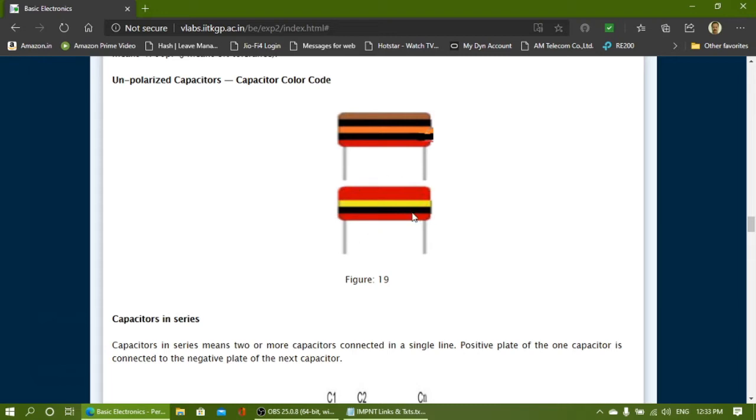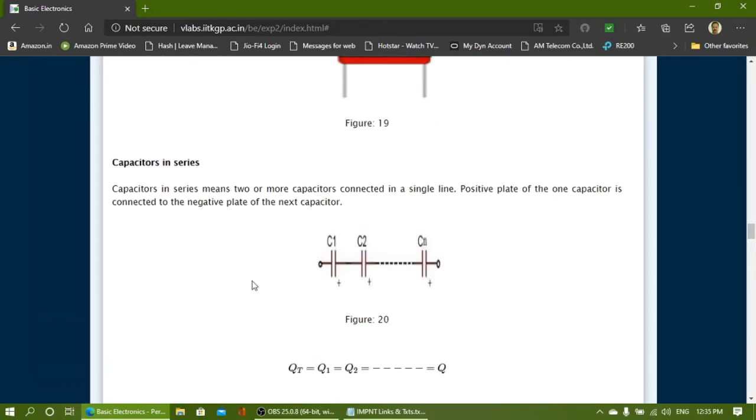will come in picofarad. Now we will discuss the different kinds of capacitor connection topology. What happens when capacitors are connected in series? Capacitors in series means two or more capacitors connected in a single line.